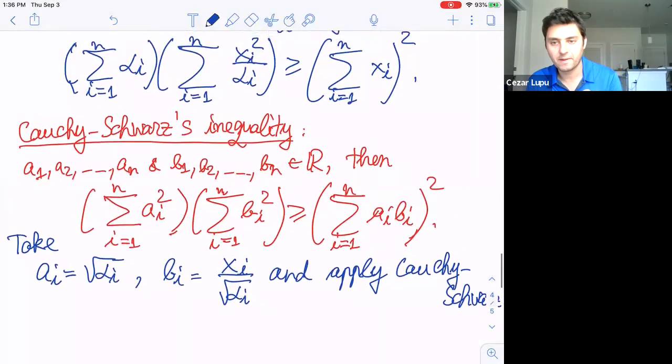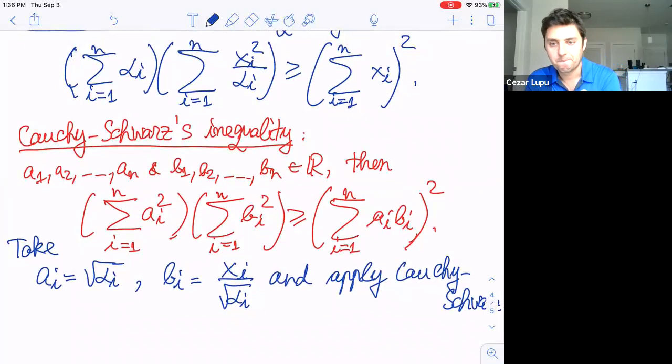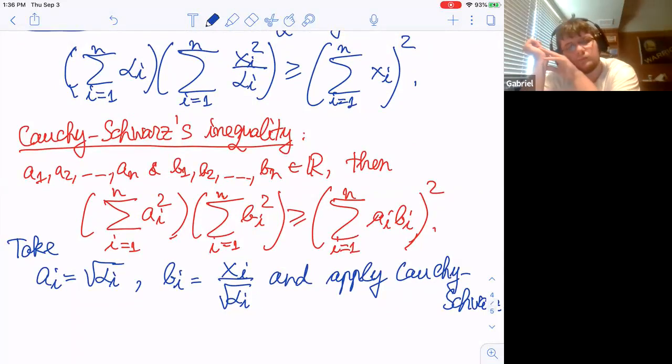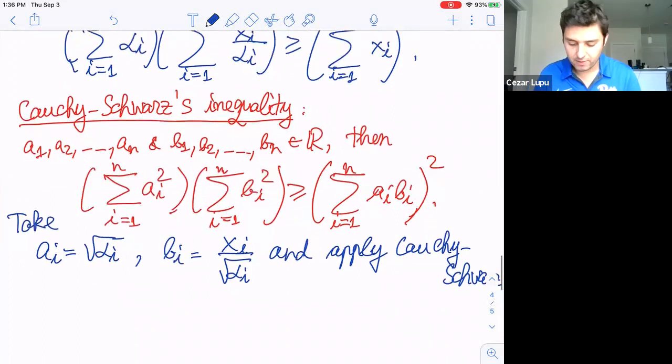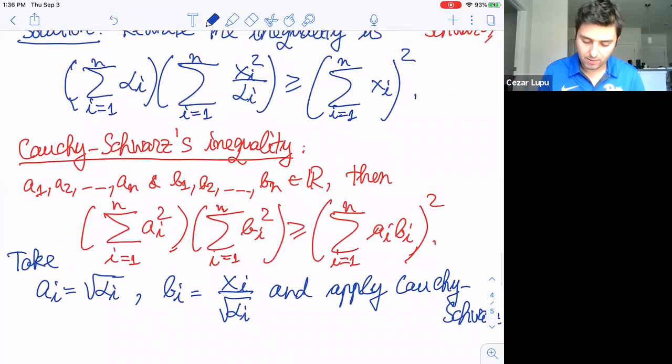How is this Cauchy-Schwarz? You can rewrite this in the following way.